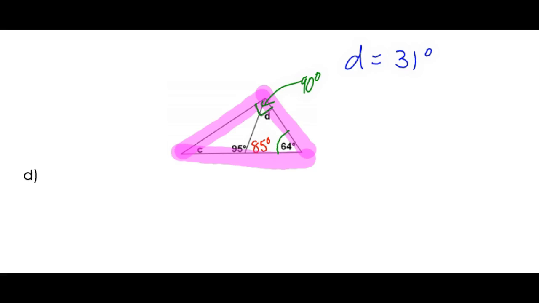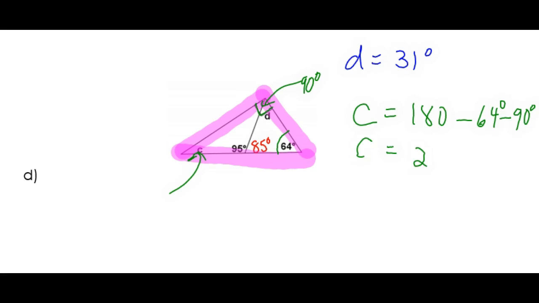I've got this 64 here, and the only unknown for me is angle C. So really, angle C is going to be 180 degrees minus 64 degrees and minus that other 90 degrees. When I work that out, that gives me a measure for angle C of 26 degrees.